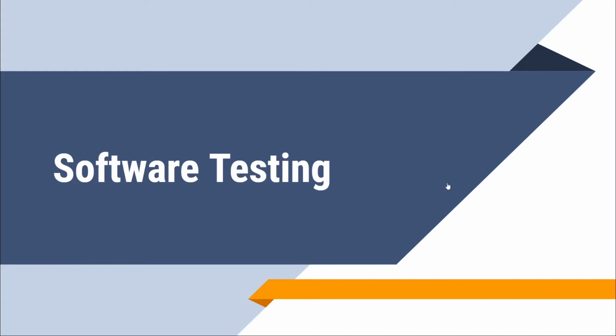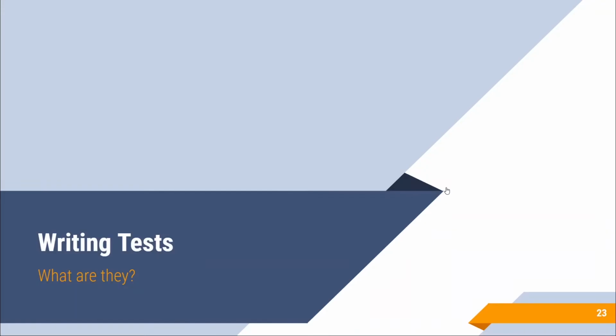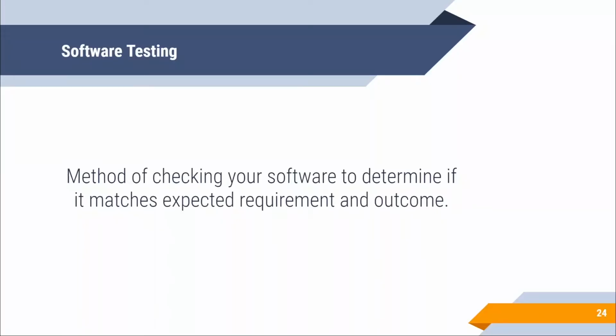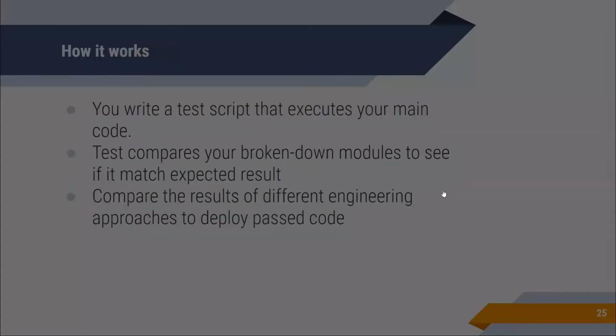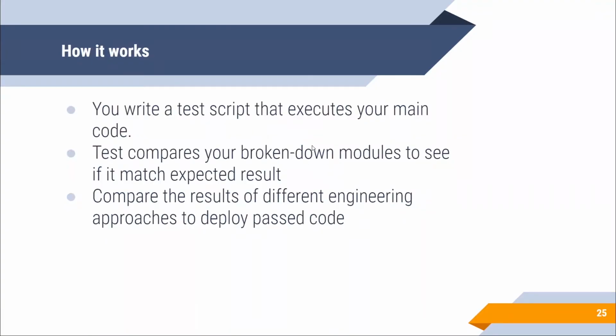So next topic is software testing. Writing tests. You might have heard this term somewhere. So let's take a look at this topic. Software testing is a method of checking your software to determine if it matches the expected requirement and outcome. How it works is you write a test script that executes your main code or your software.